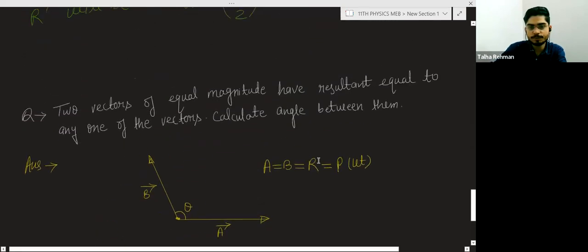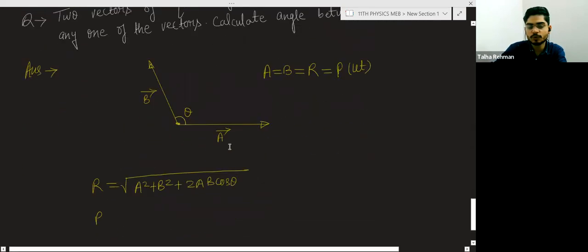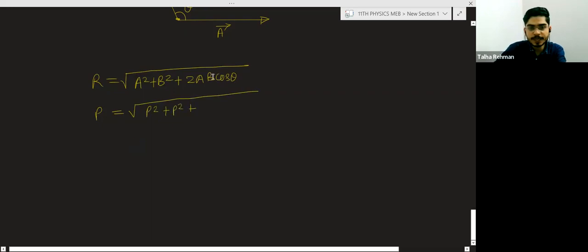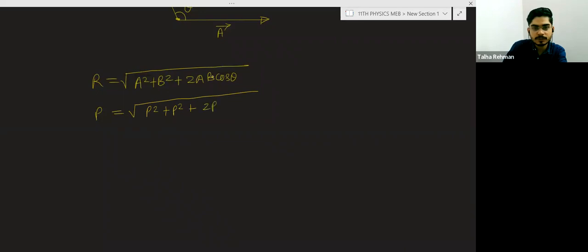So instead of R, you will put P. R equal to P, A equal to P, B equal to P. So instead of A, B also you will put P. So this is P square plus P square plus 2 into P into P, meaning 2P square, into cos theta.